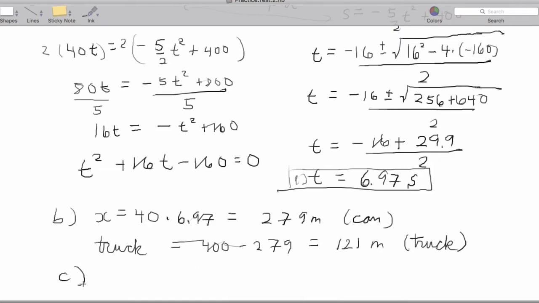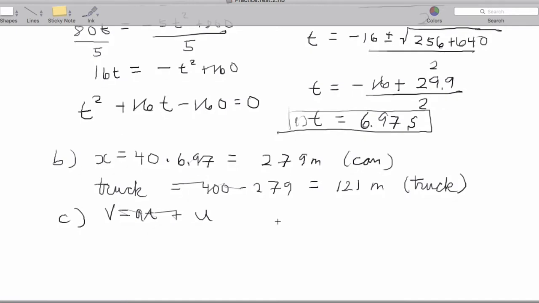And then let's just get the speed of the truck for good measure. So V equals AT plus U. So that means V equals 5 times 6.97 plus 0.